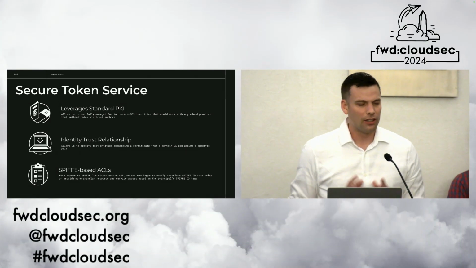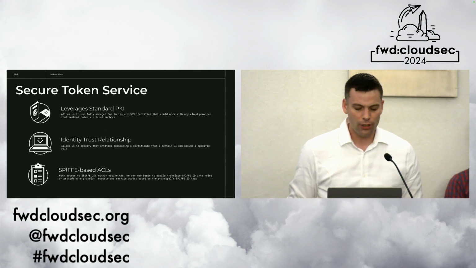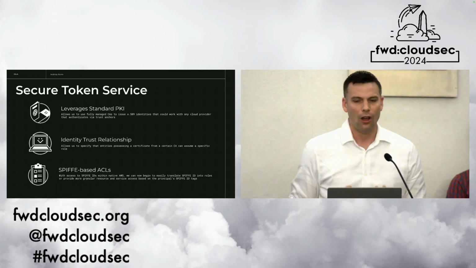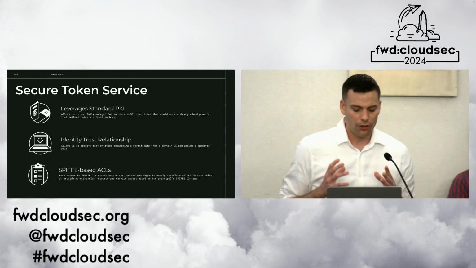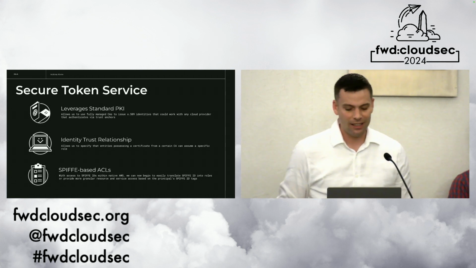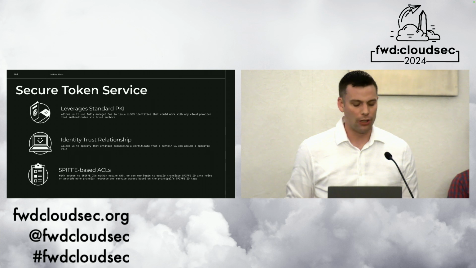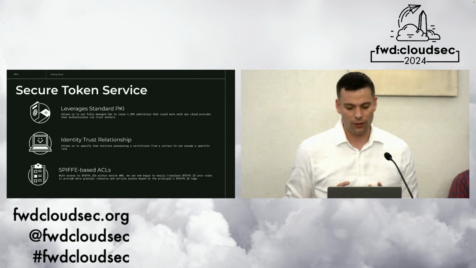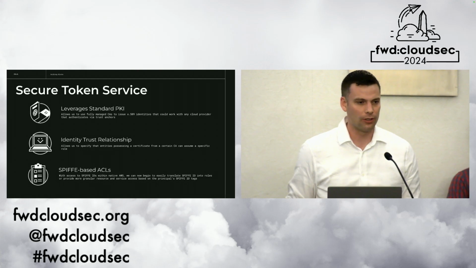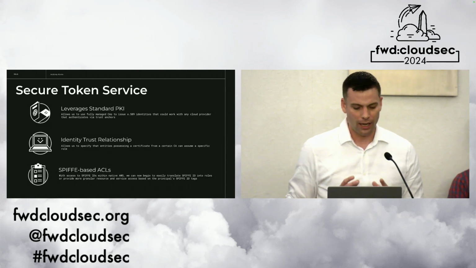So again, the key things you need from that are make sure it leverages standard PKI. If your STS only knows about your cloud provider credentials, then you're still locked in. The whole point of it, again, is this identity trust relationship. So make sure that you can set it up so that someone possessing a certificate from a specific certificate authority can access a certain role. That's the gist of this.